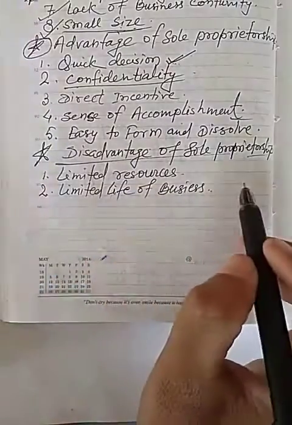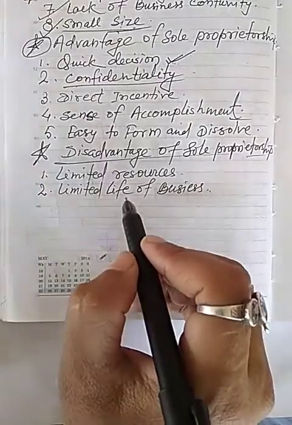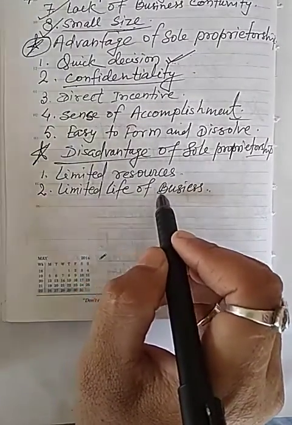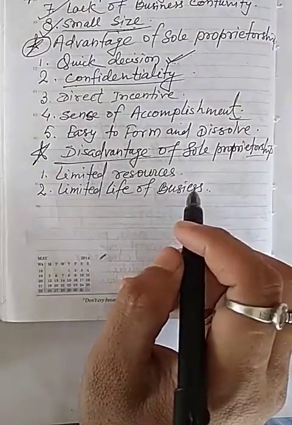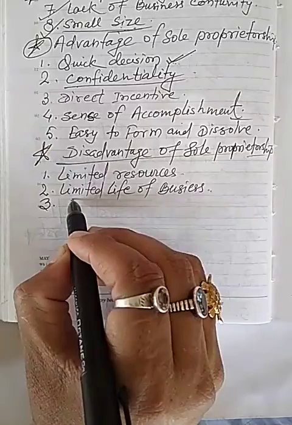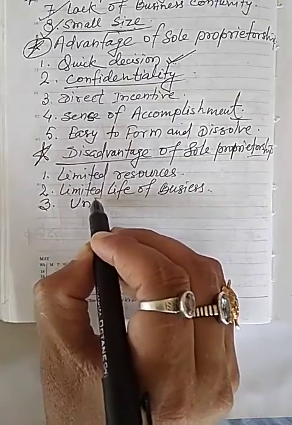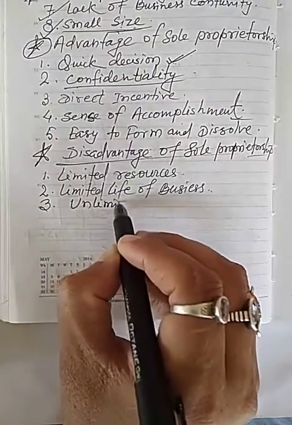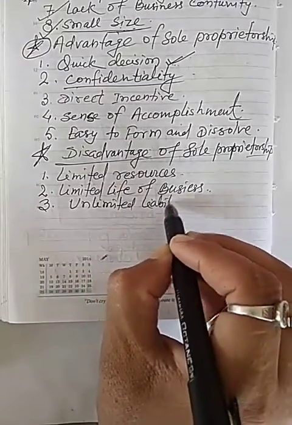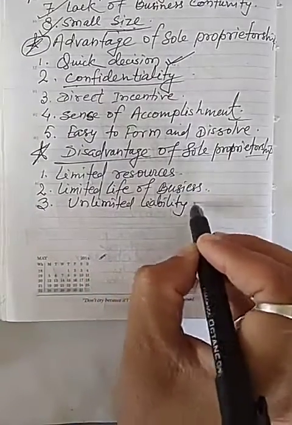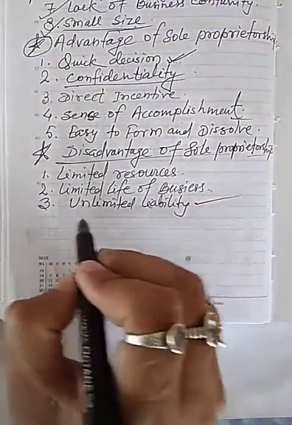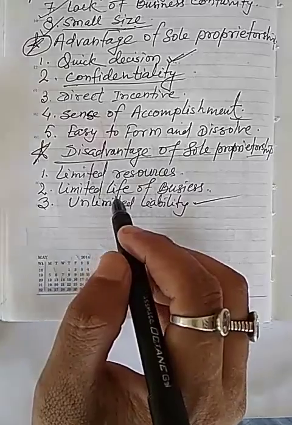If the proprietor falls ill or becomes insolvent, then the business may come to an end. Third point is unlimited liability. I have explained in characteristics about unlimited liability.